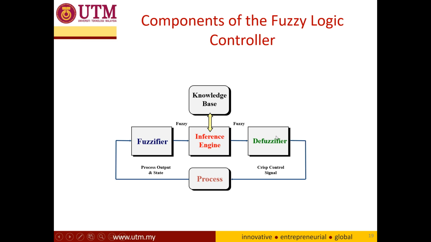The defuzzifier will convert fuzzy values back to crisp or real-world values to be fed to our process. In the knowledge base, you would have information about our membership functions and rule base. An inference engine will determine which rules are fired given our inputs and how to combine those rules to generate a conclusion or control signal instantaneously.